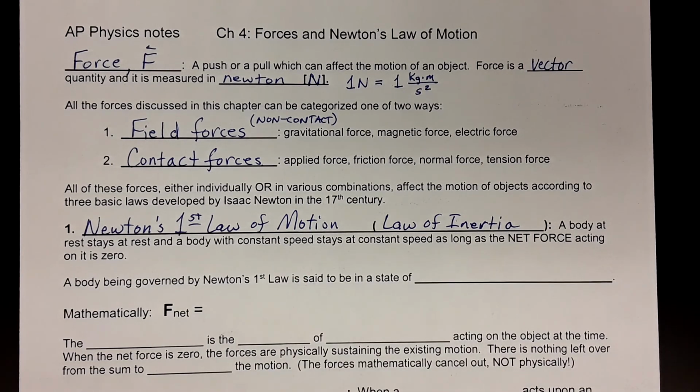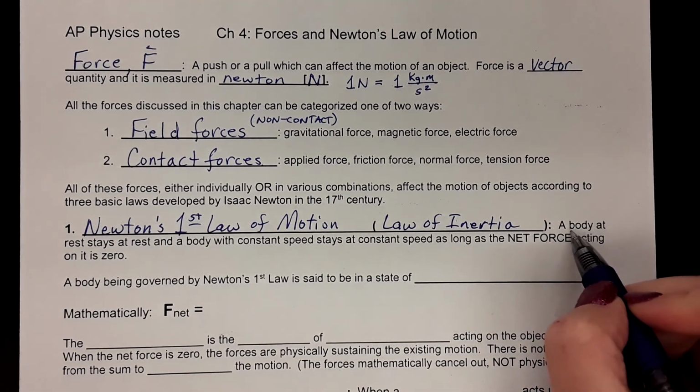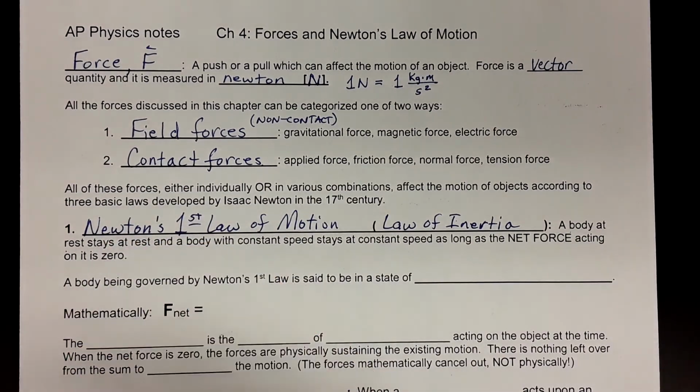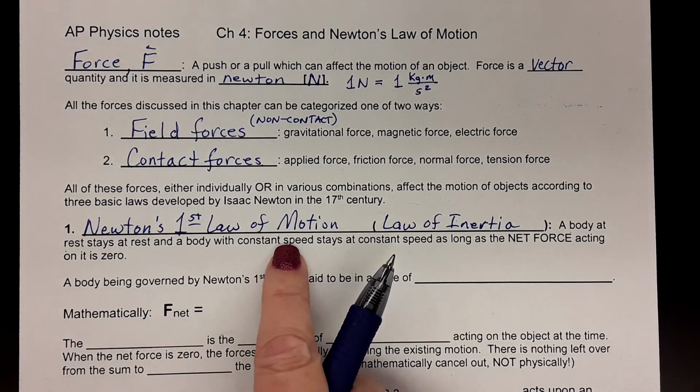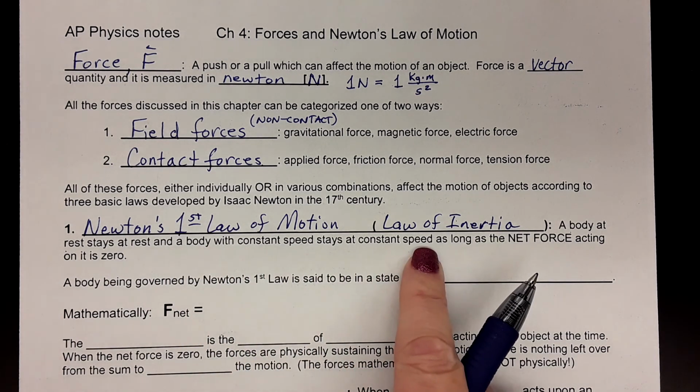Now, Newton's first law of motion is directly tied to this. Notice the three parts of this. It says a body at rest stays at rest. So if it's not moving, it wants to stay not moving. It says a body with constant speed stays at constant speed.